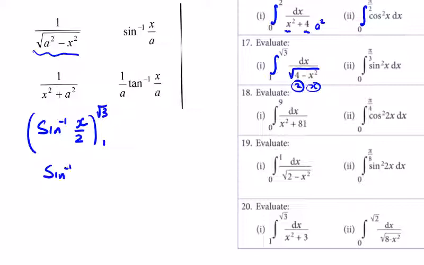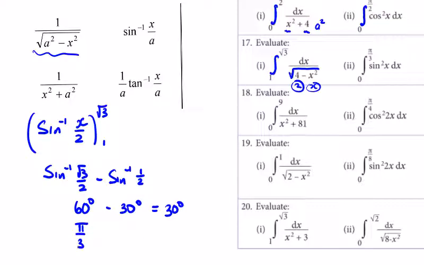So we get the inverse sine of root 3 over 2, which is going to be 60 degrees, minus the inverse sine of 1 over 2, which is 30 degrees. So in degree form 30, in radian form pi over 3 minus pi over 6 is pi over 6.